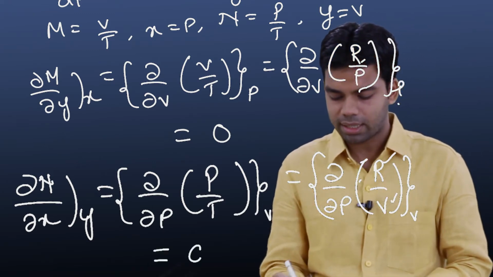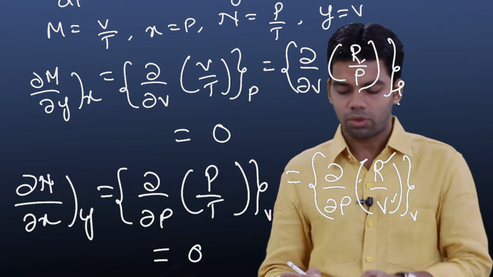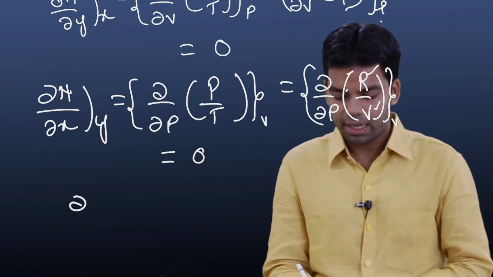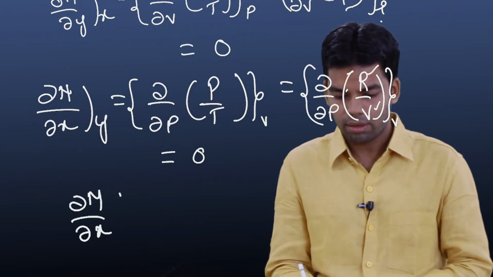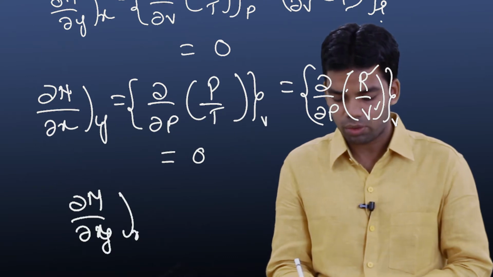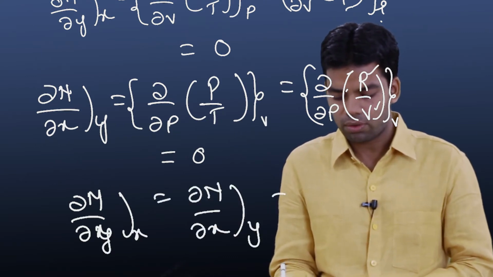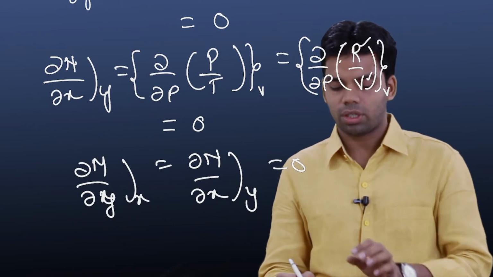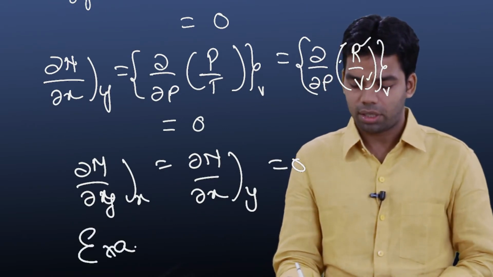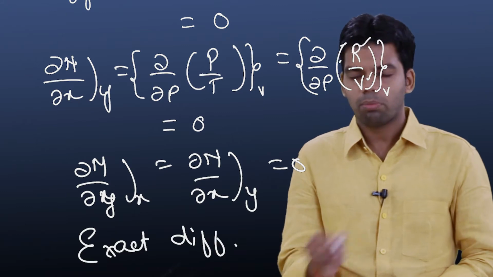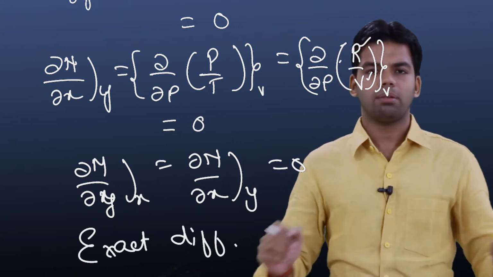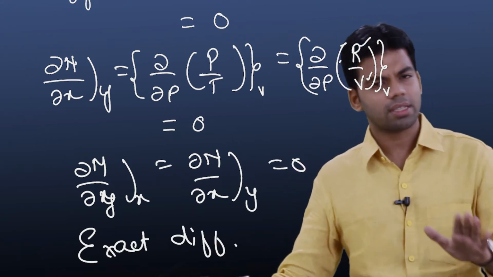So, del N by del x at constant y will be equal to 0. So, you can say del M by del y at constant x is equal to del N by del x at constant y, which is equal to 0. Hence, this function is having the exact differential, and hence it is the property of the system, or it is the point function. Okay.